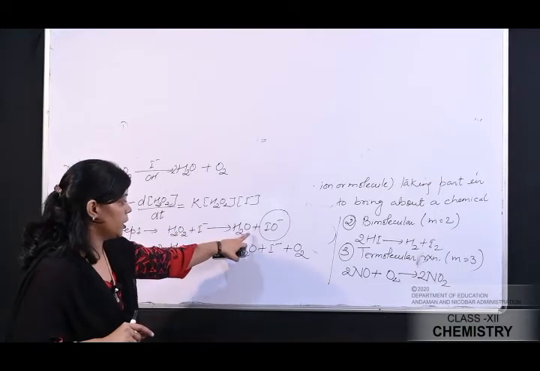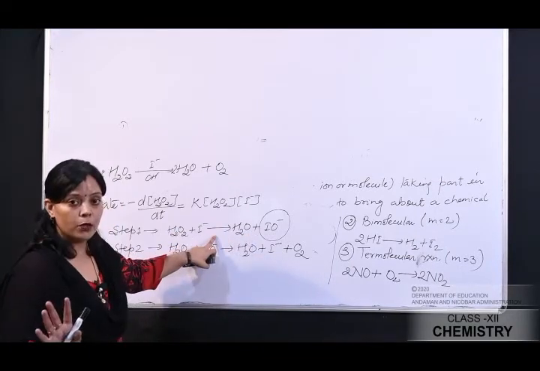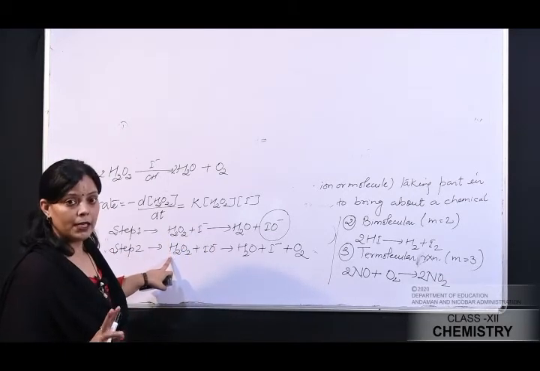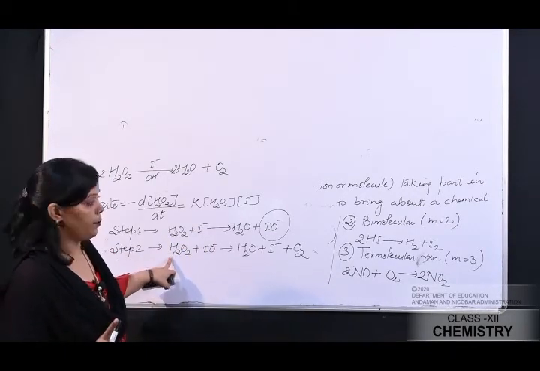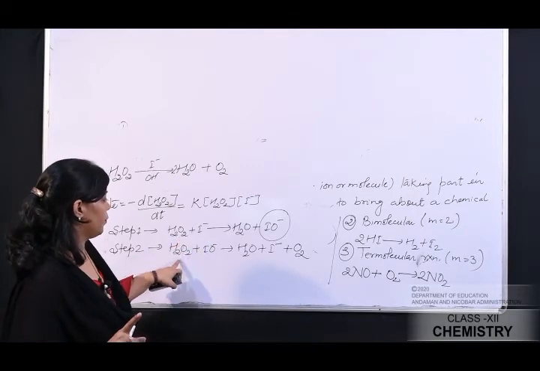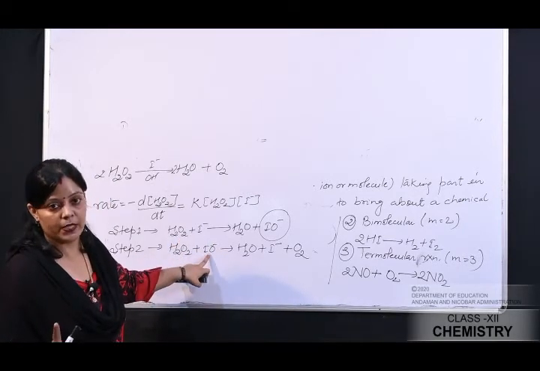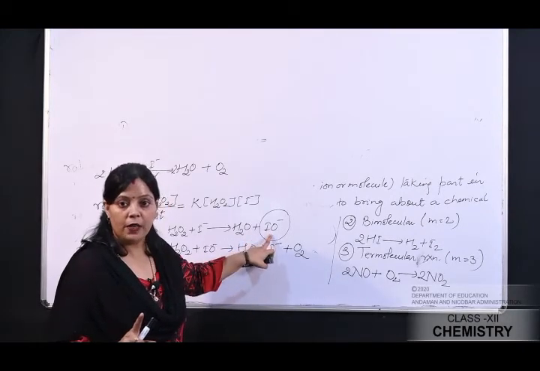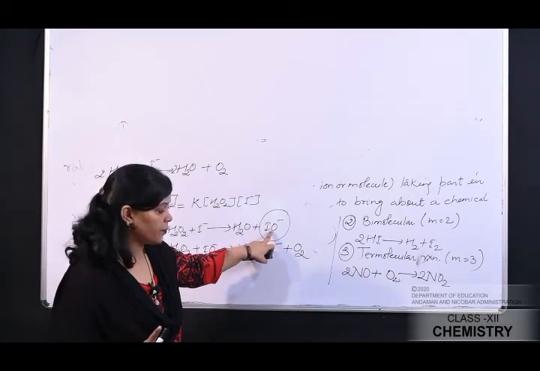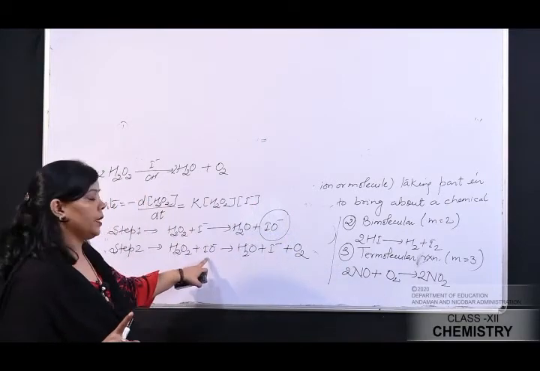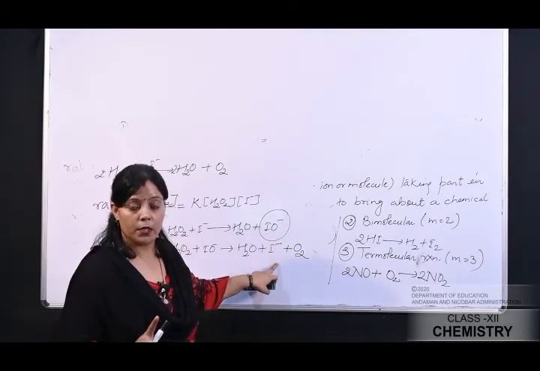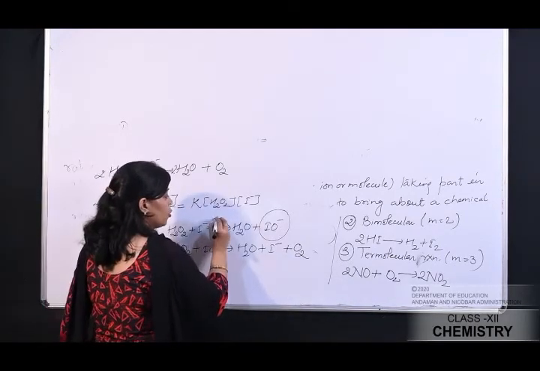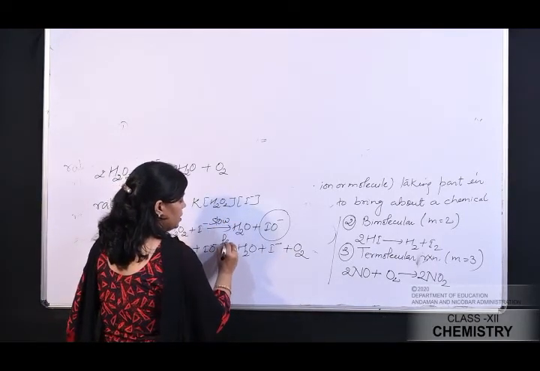And in this reaction, we come to the conclusion that step 1 and step 2 are each a bimolecular elementary step, because both steps involve the reaction between two reacting species. The second conclusion is that IO negative is an intermediate, because it is formed in the first step and in the second step it is consumed to give the product. Third, the first step is the slow step, and the second is the fast step.